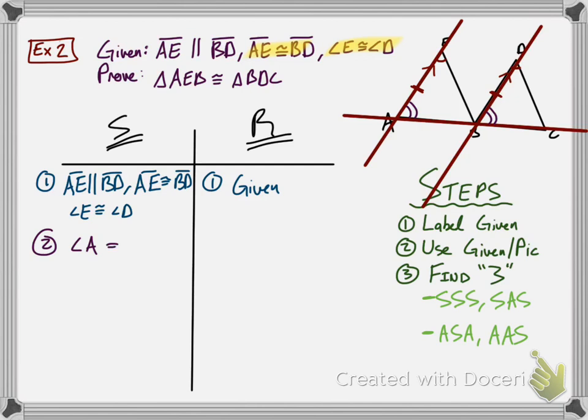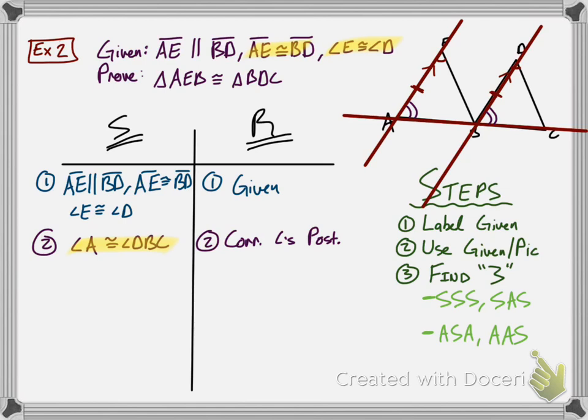Angle A is congruent to angle DBC, based off of our corresponding angles postulate. And that gives us our third piece of information.